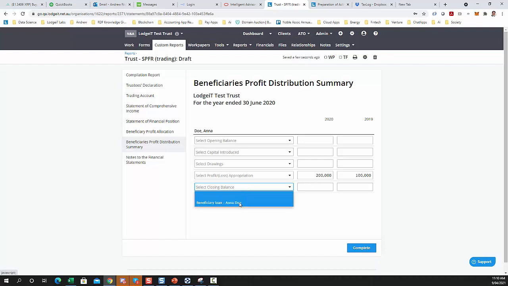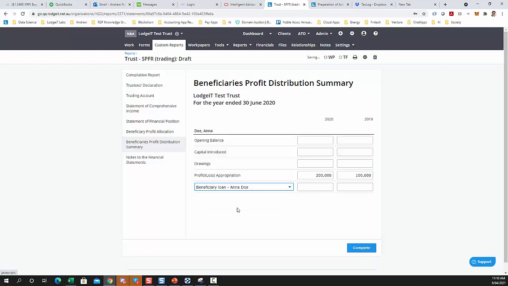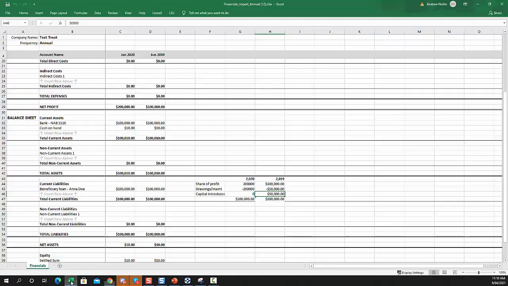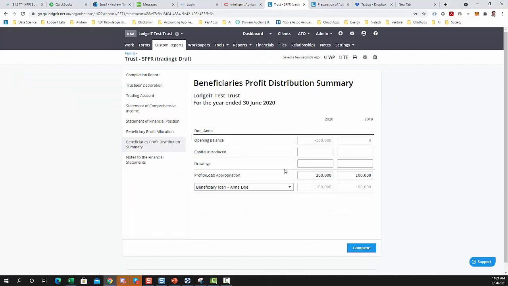Now note here that we've only got that one line item in the accounts, right? And therefore that one line item is essentially closing balances. So we'll now put in these values. We know that we had 50,000 worth of drawings and 50,000 worth of capital introduced.